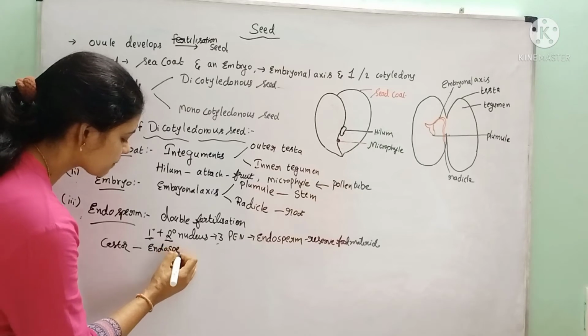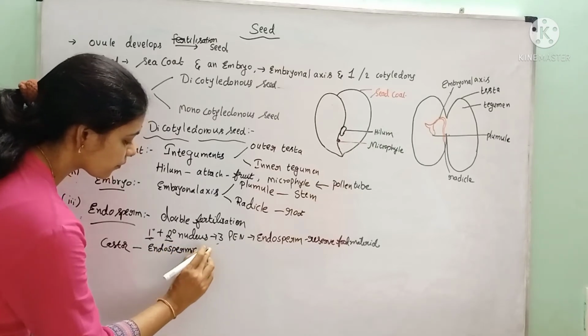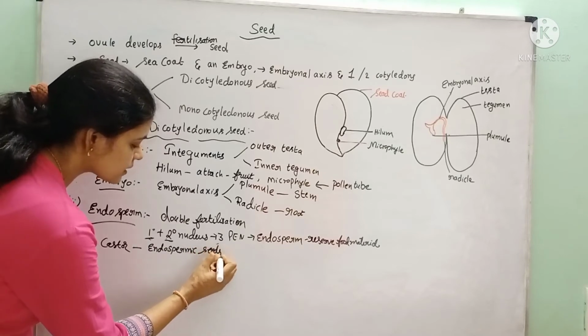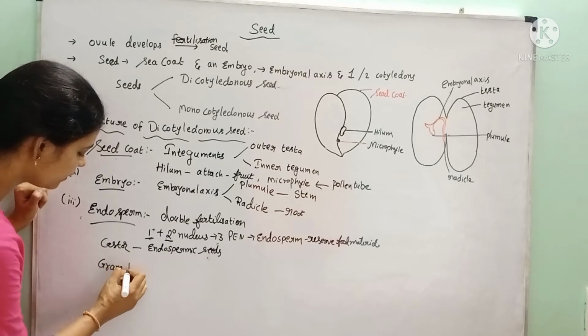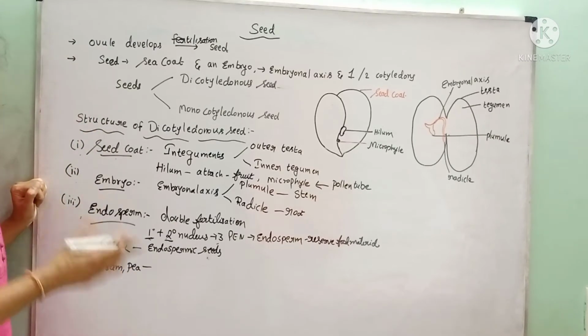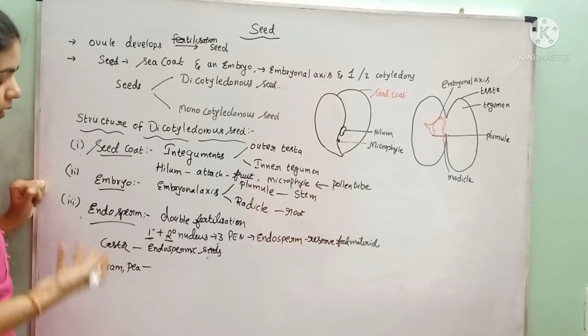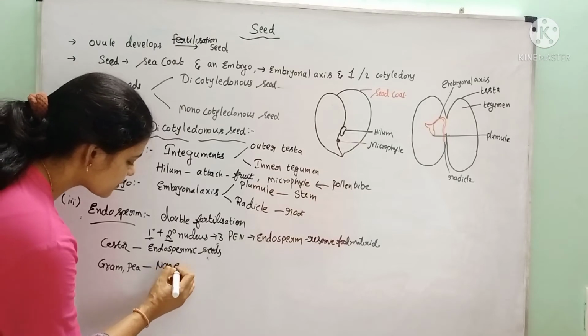In some seeds such as gram and pea, the endosperm is absent in the mature seeds. Those seeds are called non-endospermic seeds.